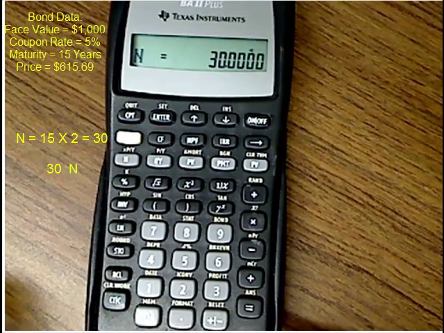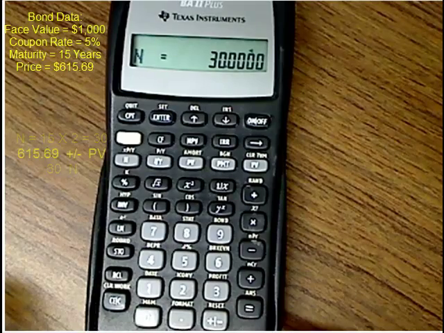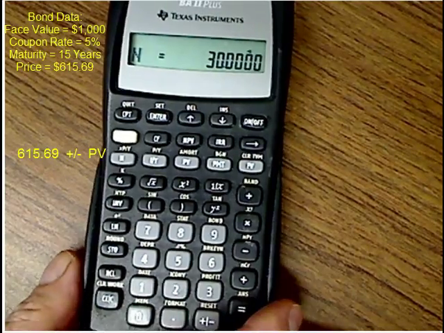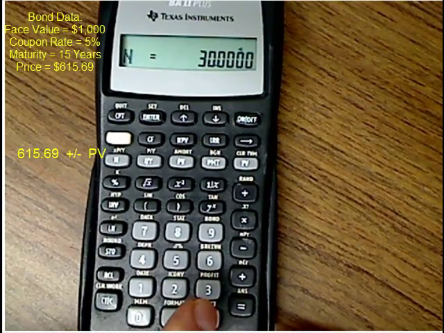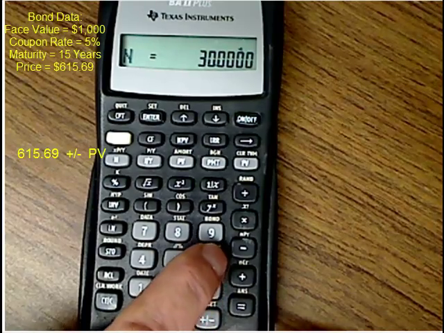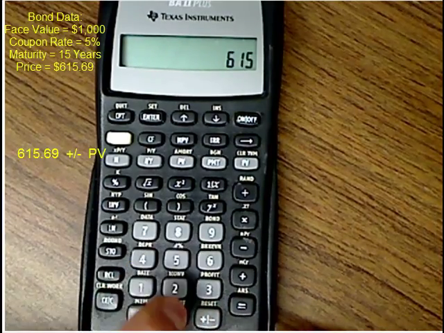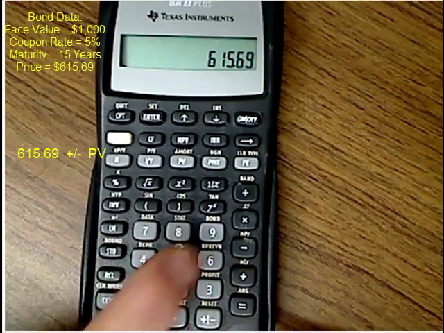Now before I can find the bond's yield, I need to know what the price of the bond is. So the price of the bond, I'm going to assume, is $615.69. So I'll punch in 615.69.